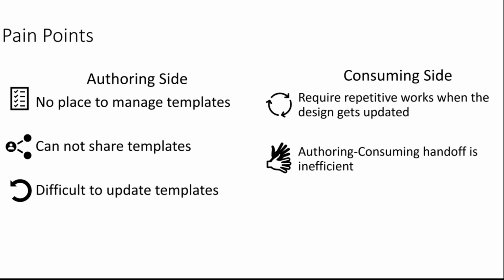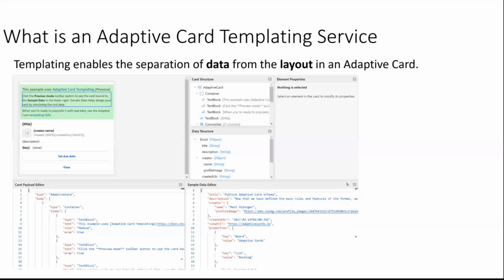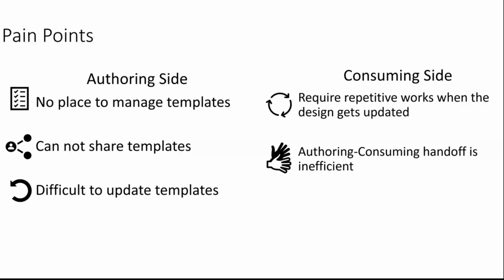The biggest pain point for the authoring side is that there's no good place to manage their templates. If you go to the designer tool, there's no save and share feature. If you want to save and share with other people, they need to store it on their local PC or OneDrive and share their links or files through email or Teams.